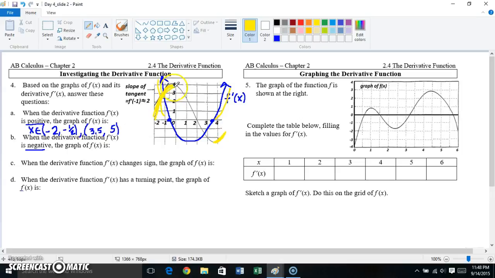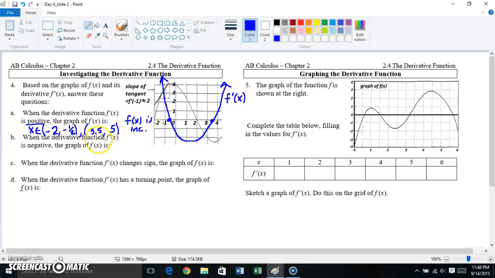Well, it looks like my curve, the yellow highlight, f of x, has a positive slope, right? So f of x is increasing.